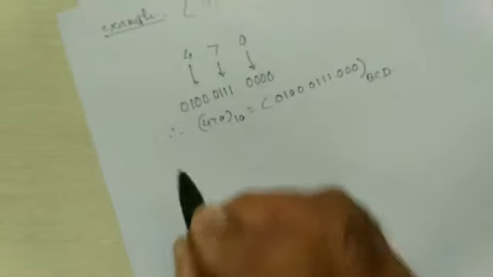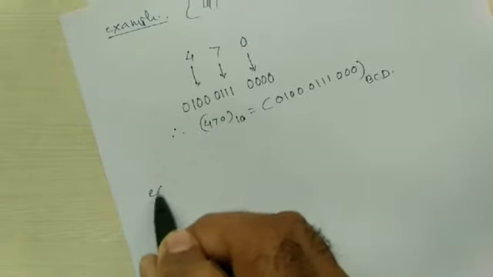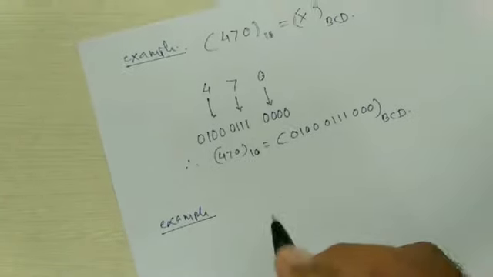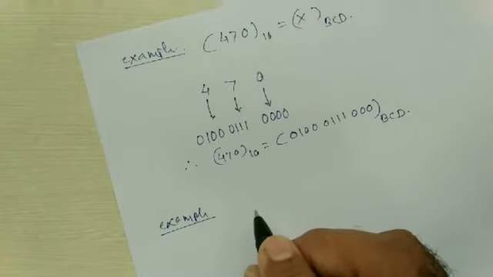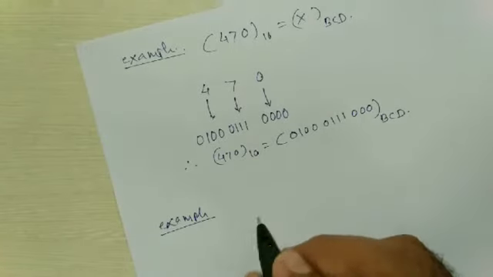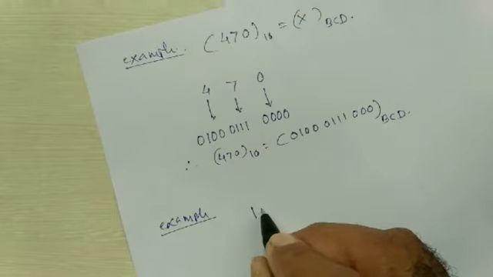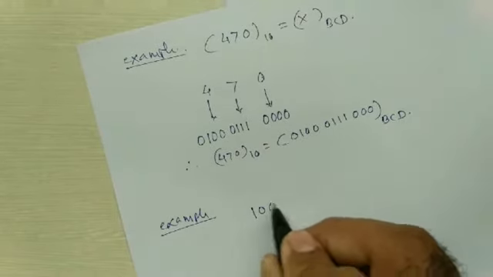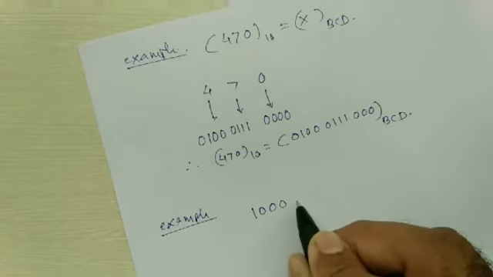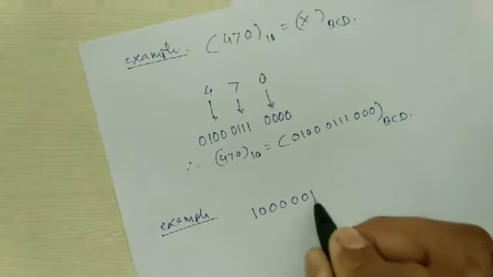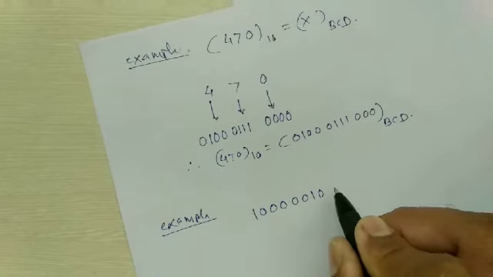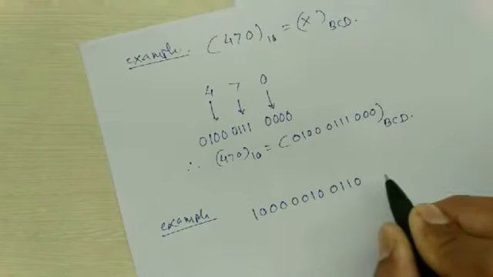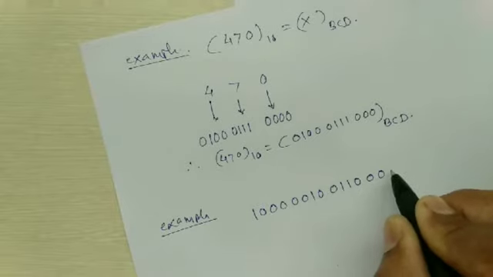One more example. Suppose the number is 1 0 0 0 0 0 1 0 0 1 1 0 0 0 0 1.